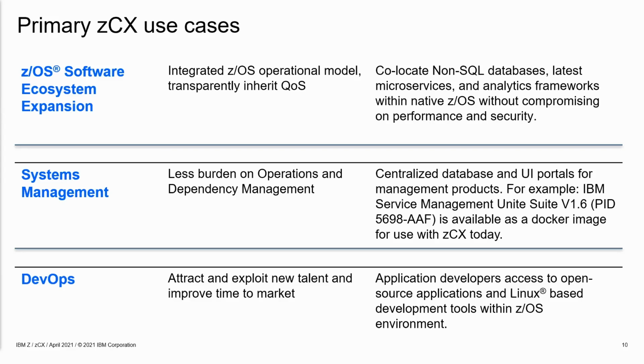When we do that, and we want operational control for that application, and it interacts with zOS, we're going to get a tremendous benefit from the low latency, high bandwidth, high throughput connection that the same host connection provides between zCX and native zOS applications, while at the same time having operational model control and transparently inheriting qualities of service.